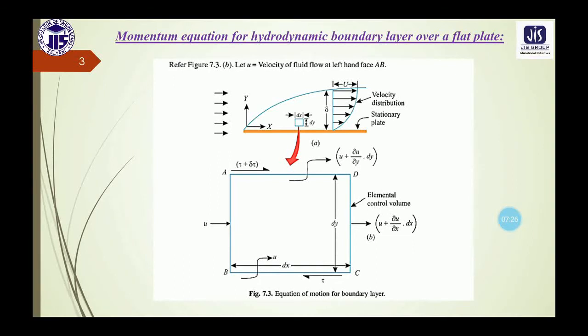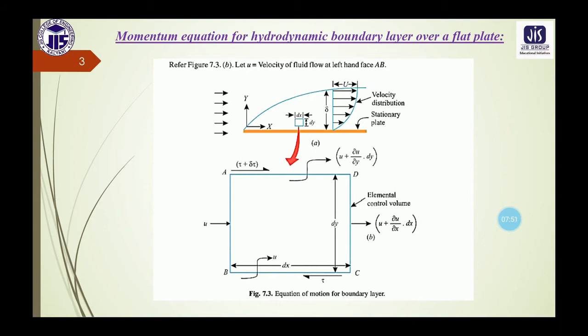So this is the diagram that we have considered here, and when the fluid is flowing over the stationary flat plate, then the boundary layer thickness, that is delta, we can see here is growing in the positive x direction, and the velocity profile, the velocity distribution, is parabolic here.